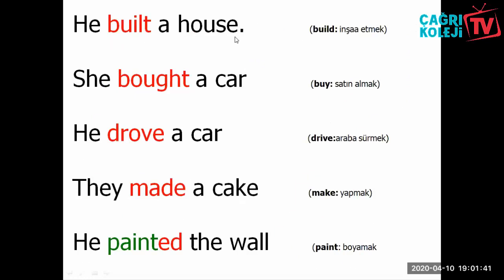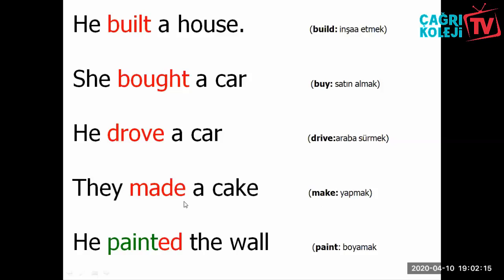He built a house. Actually our verb was build. It changes into built. She bought a car. Buy changes into bought. He drove a car. Drive changes into drove and becomes past. They made a cake.